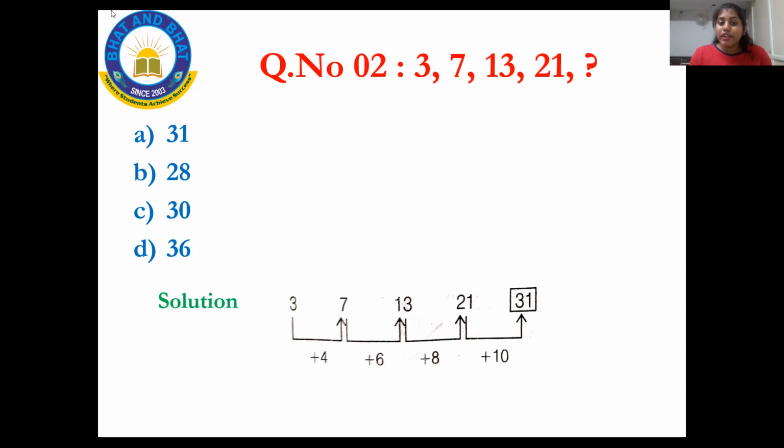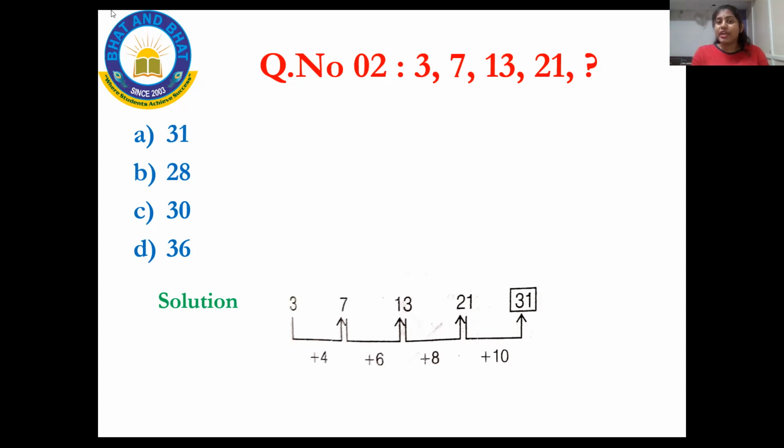Look at this. What is this? 4, 6, 8, 10 are even numbers. Do you remember? 4, 6, 8, 10 are even numbers. You may ask, ma'am, how will I come to know that after 8 I should add 10 only?